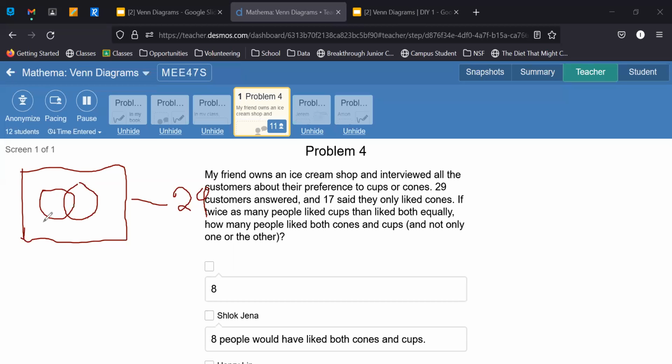And then we can say cups, right? This is a cup. And this is a cone, right? So 17 people would be included here, and they won't be included in the intersection, and they won't be included in cups, and they won't be included in this outer region, right?